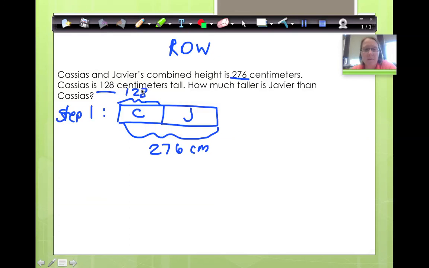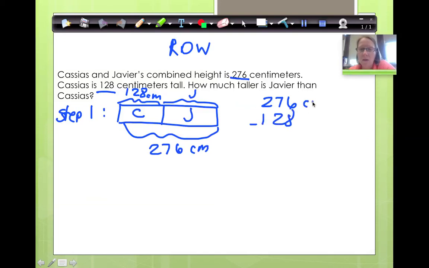Now listen, how much taller is Javier than Cassius? Which one's taller? Javier is going to be taller. So now we need to figure out how much this is. We don't know how much this is. I'm going to give it a J for Javier. Okay, so this tells me, because I have one part of my tape diagram and the total, that it's an automatic subtraction problem.